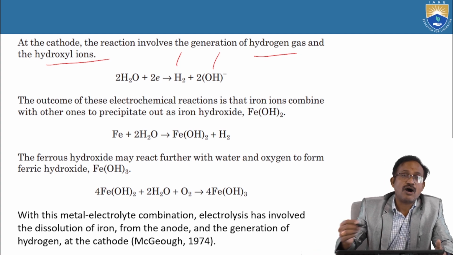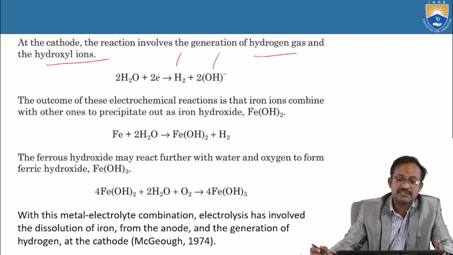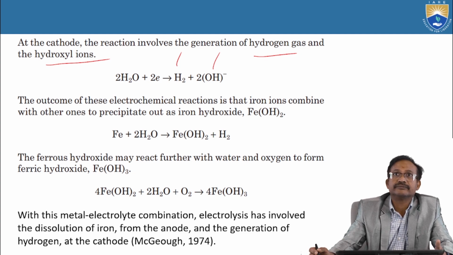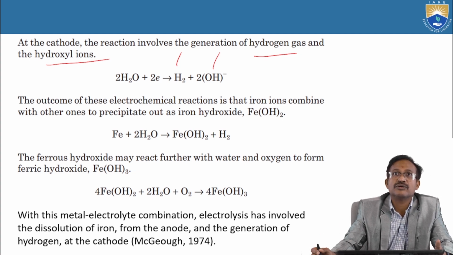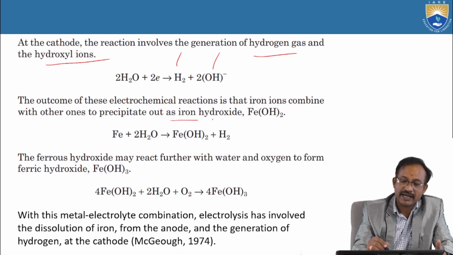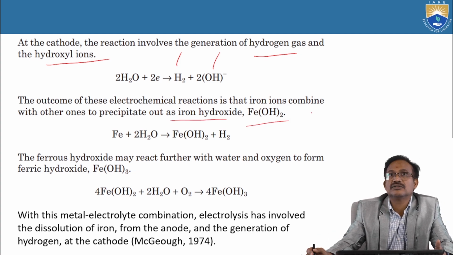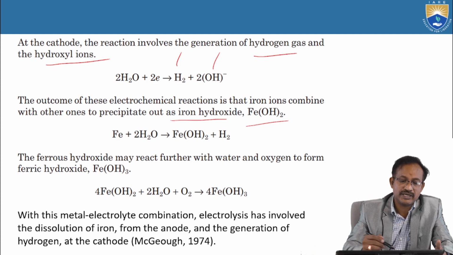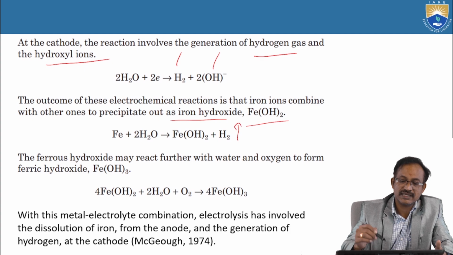The outcome of these electrochemical reactions is that iron ions combine with other ones to precipitate out as iron hydroxide, Fe(OH)2. Look here, Fe plus water gives hydrogen gas and Fe(OH)2.